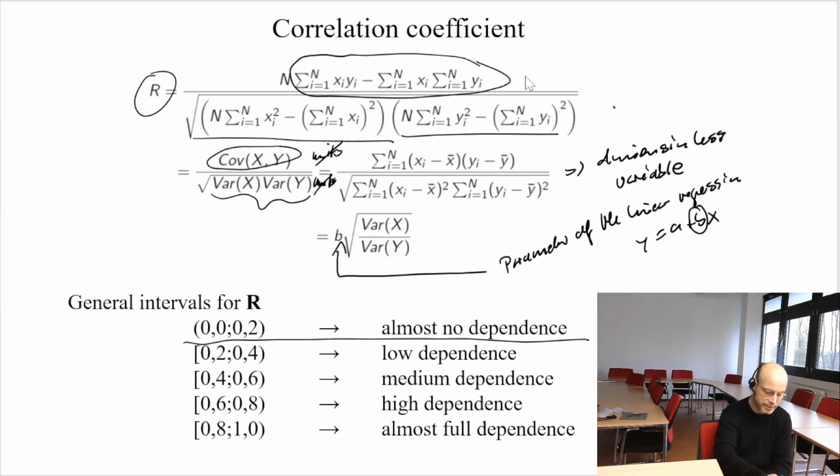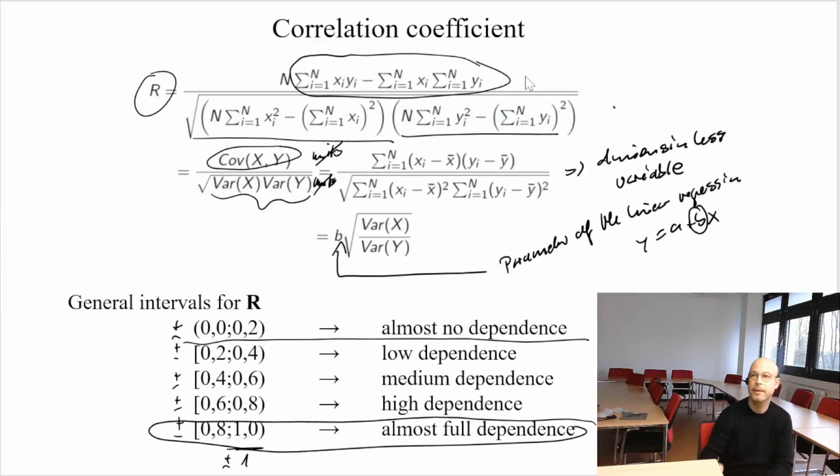And if this goes up to 1, or plus minus 1, so we can always write plus minus, then we move to a dependence which we interpret as quite narrow dependence.